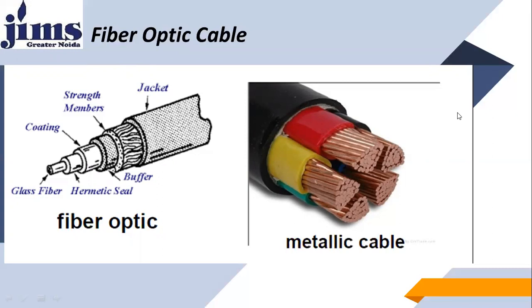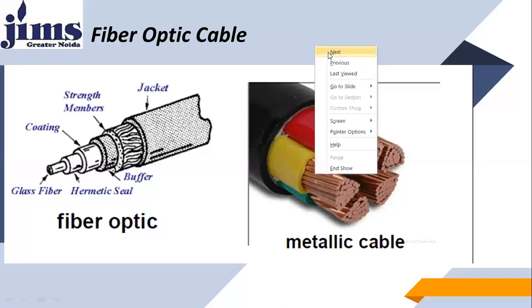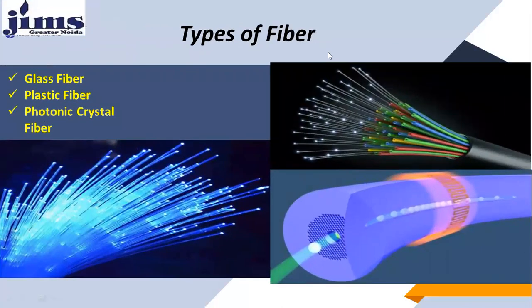So to protect this glass fiber, we need some protection to avoid breakage of this optical fiber. These are the types of fiber: glass fiber, plastic fiber, photonic crystal fibers.